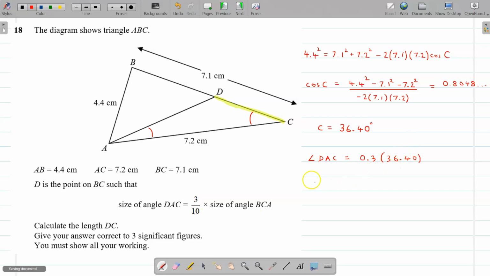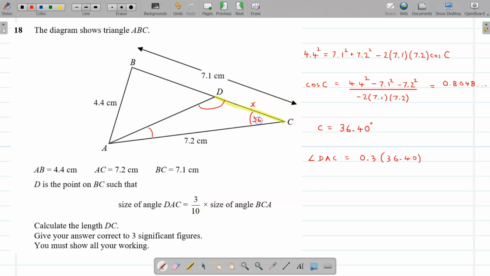What I can do is I can just go straight to using the sine rule now, because what I can do is use the sine rule here using this angle here, which I can work out from what I've just done, and I can say that this length over the sine of this angle is the same as x over the sine of this angle. So if I just label those angles first of all, we know that the angle at C is 36.4. I can just fit that in there.